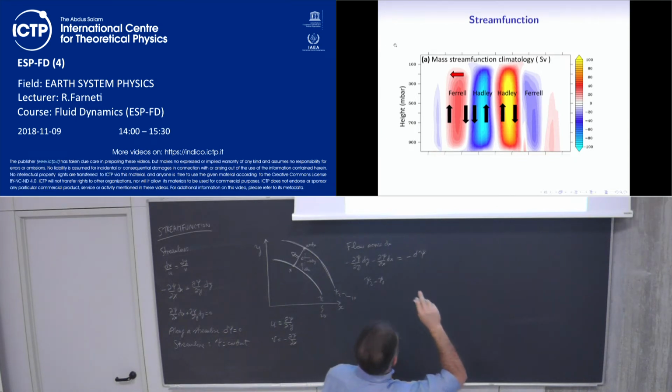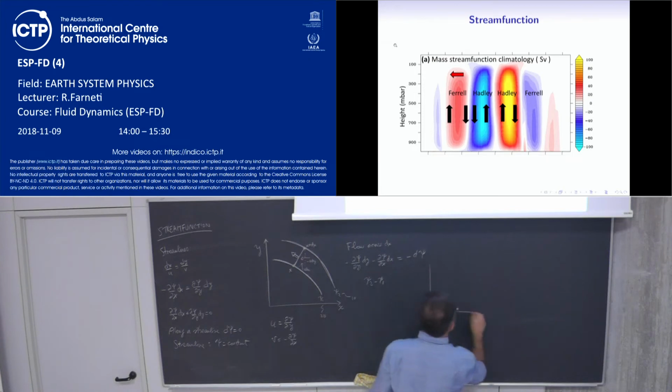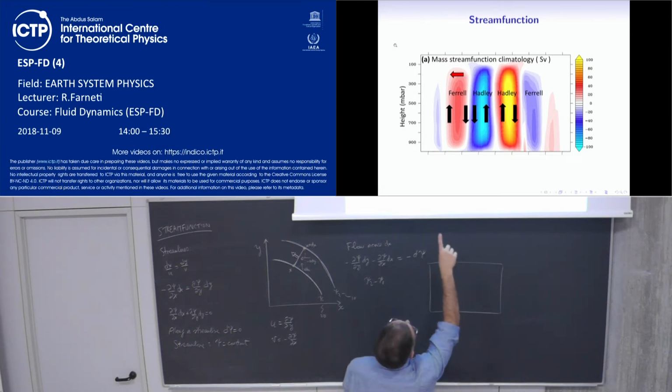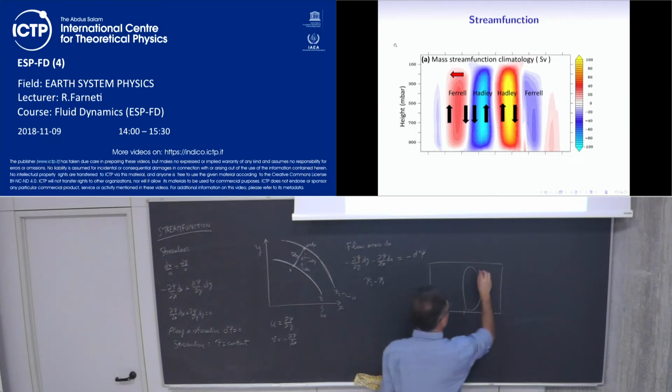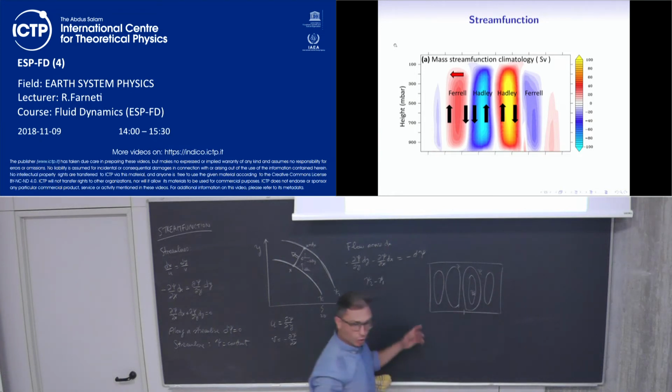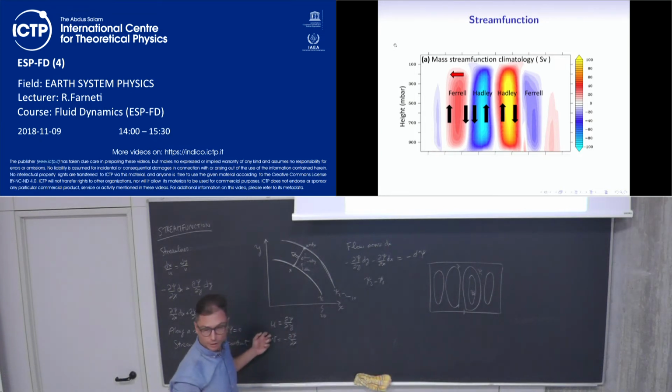So this one, this is the equator. Okay. So these are closed stream functions, and this is stream function 1, and then we have more stream functions. Okay. And you build all your stream functions. So all these stream functions come from the velocity vector.